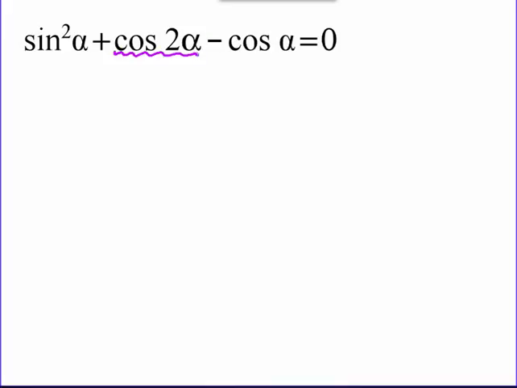Because I already have a cosine and a sine squared in the problem. Any ideas? I think you should do the cosine. Good. Let's try cosine squared minus sine squared and see if that gets us anywhere.